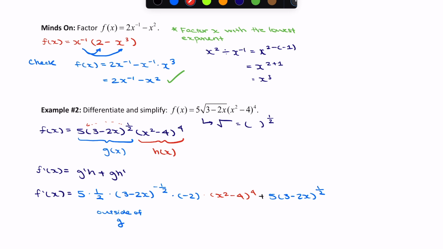So again, outside, bring the 4 down, which is 4 times (x squared minus 4) to the power of 3, and the inside, which is 2x. So we just write it as 2x. Okay, so this again is outside h, outside h, and inside h. And this one is inside g.